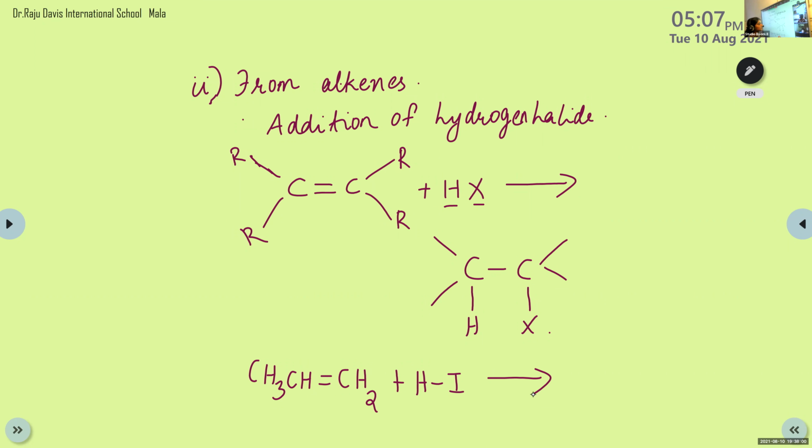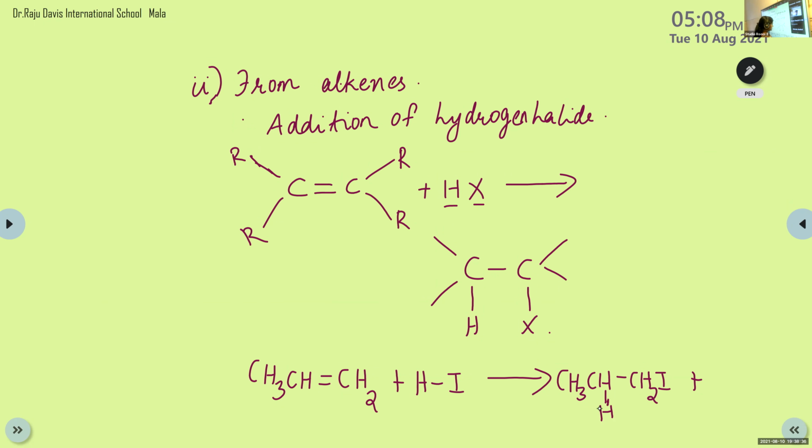So can you tell me which products are obtained here? You can tell me the two choices. Diya, can you tell me the product? Just break this double bond, then add hydrogen and iodine to the two sides. Yes. CH3CH, yeah, CH3CH2, then I. This is one product. What about the next one?